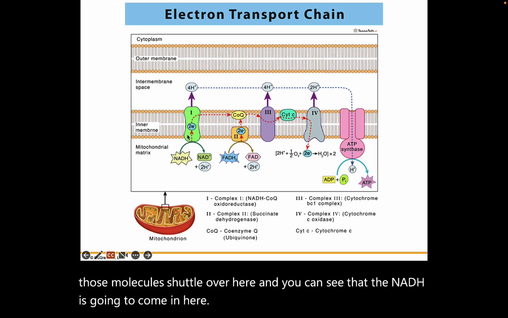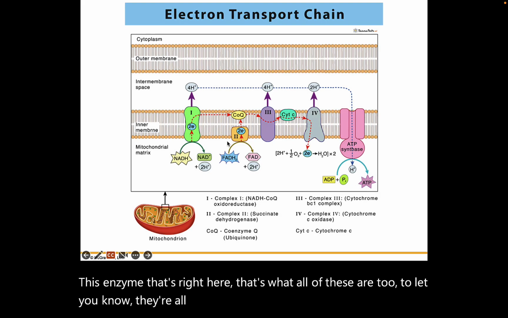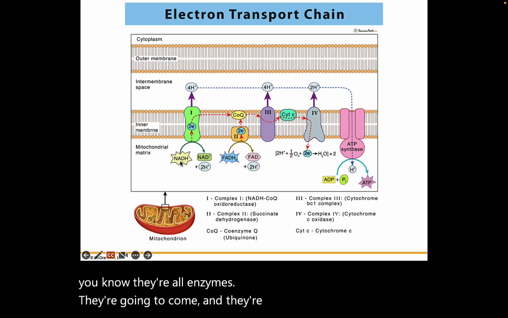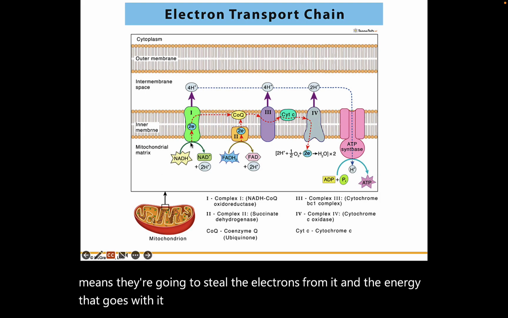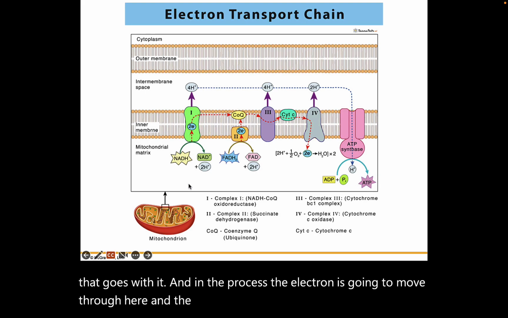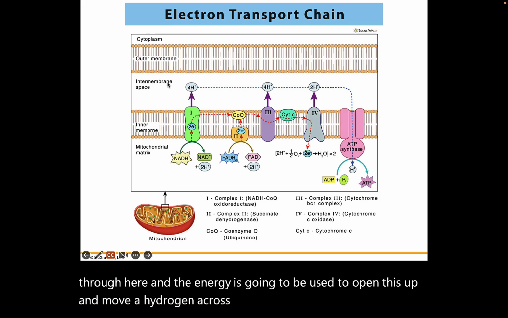This enzyme that's right here, that's what all of these are too, to let you know they're all enzymes. They're going to come and they're going to oxidize NADH, which means they're going to steal the electrons from it and the energy that goes with it. And in the process, the electron is going to move through here, and the energy is going to be used to open this up and move a hydrogen across the membrane into the intermembrane space.